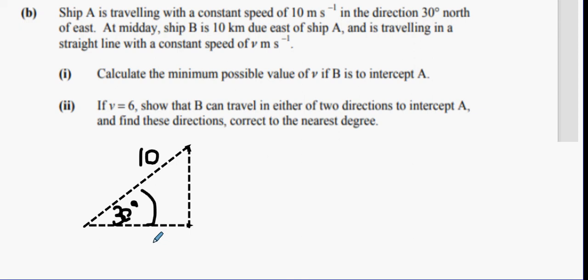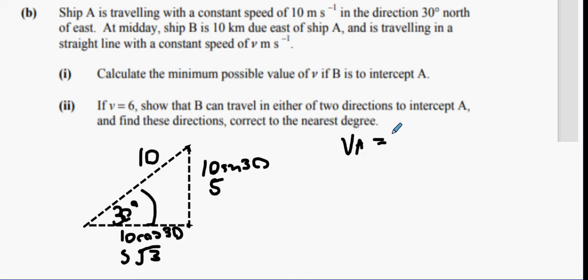So, sorry, 10 sin 30 and 10 cos 30, and that is 5 root 3 and 5. So, velocity of A is 5 root 3 i and, what's the other one? 5j. And you can just write a little note.